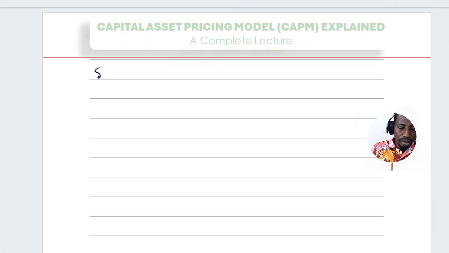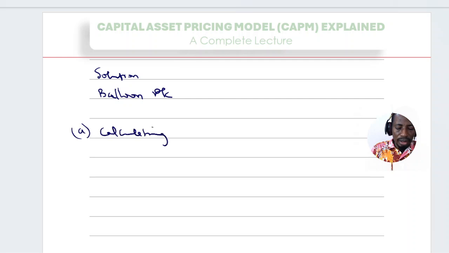The name of the company is Balloon PLC. Number A, I want to calculate overall beta. Okay, the overall beta, since I'm given number of shares, the market price per share, and the risk of individual security, then I will use weighted average.